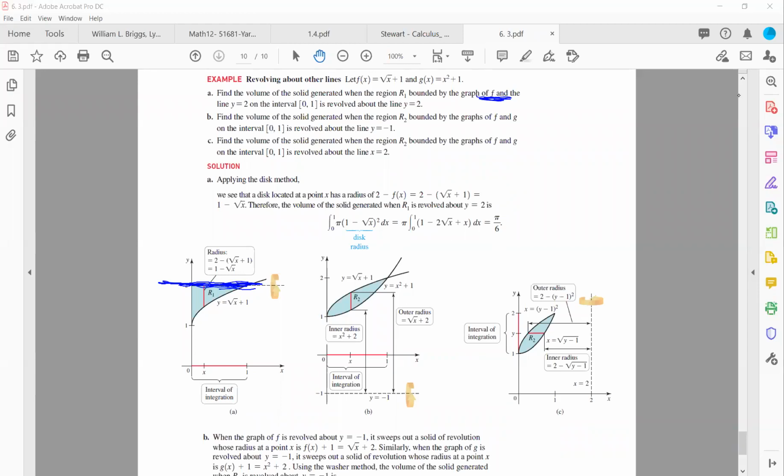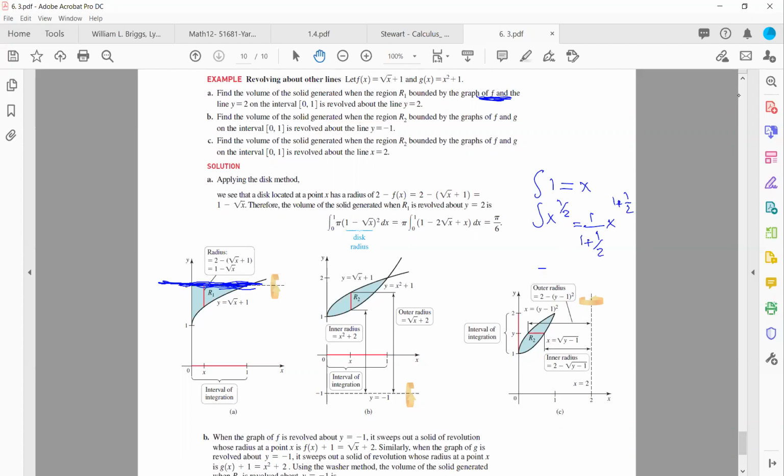The integral of 1 is x. The integral of 2 square root of x, square root of x is x to a half, so this is 1 over 1 plus a half times x to the 1 plus a half.